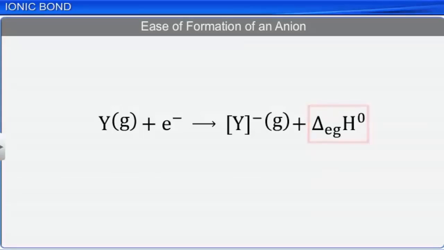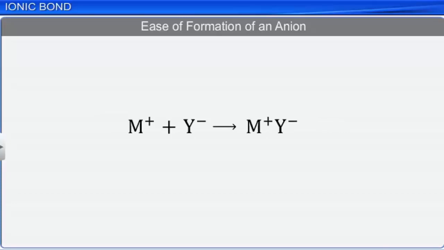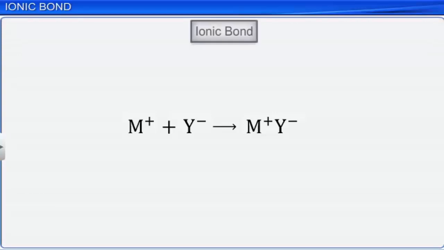More negative is the electron gain enthalpy, greater is the ease of formation of the anion. Hence, we can conclude that lower the ionization enthalpy and higher the negative value of electron gain enthalpy, greater is the ease of formation of an ionic bond.